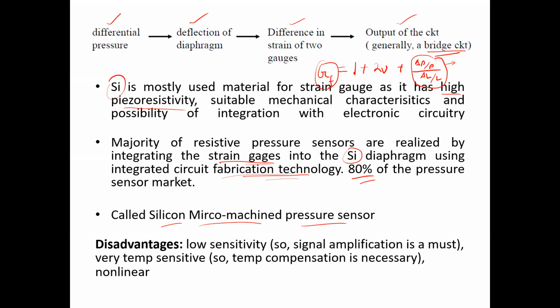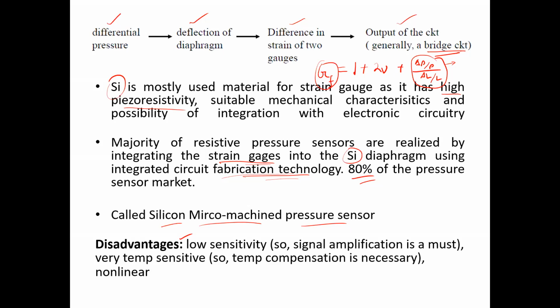Now, the disadvantages of the resistive pressure sensors are highlighted over here. The first one is that they have low sensitivity. So the signal amplitude, or the change in signal, will be very low.